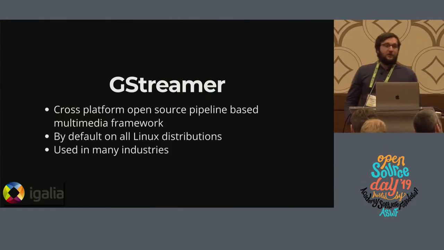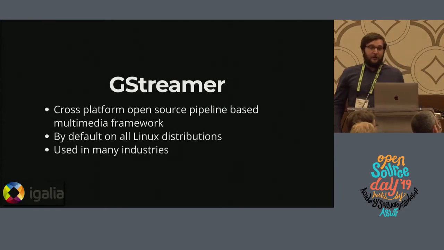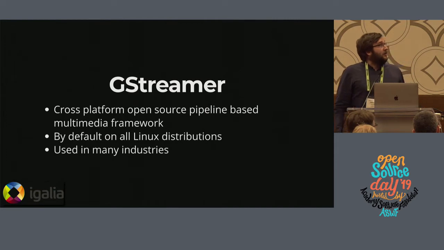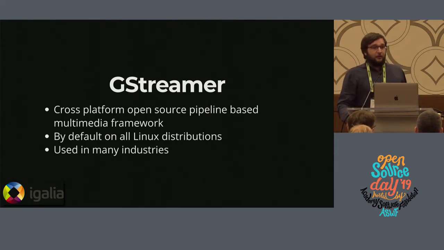So GStreamer is a cross-platform open source multimedia framework. So you can deal with audio and video for anything you want with GStreamer. It basically wraps all the APIs like decoders, encoders, etc. And then you can deal with it with a standardized API on top of all that. It's installed on all Linux distributions by default.